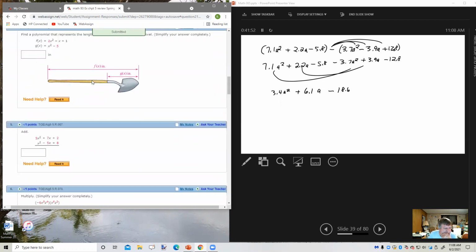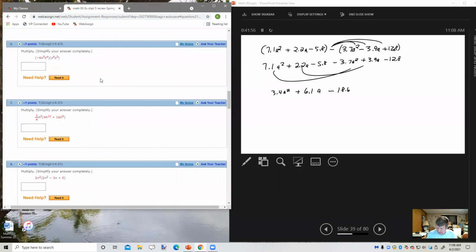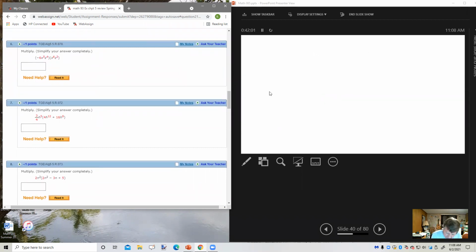All right, for the sake of time, I'm going to go down here and we'll take a look at this one. Negative 6x to the 5th z to the 4th times x to the 6th z cubed would be negative 6 what? X to the 11th z to the 7th.